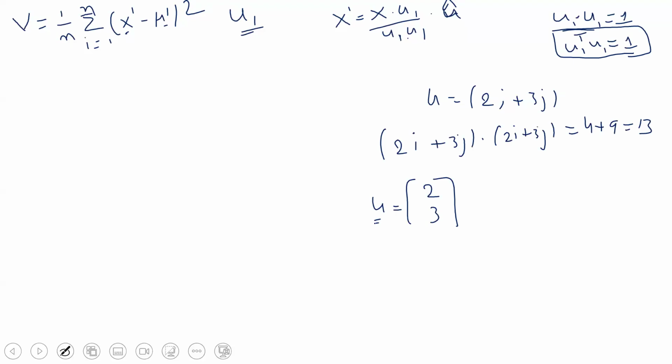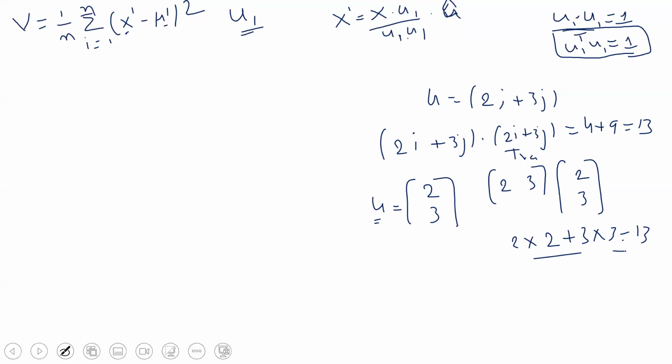Now I have to take u transpose into u. u transpose is 2 comma 3 and u is 2, 3. This is the transpose, this is the vector. Now let's multiply this: 2 into 2 plus 3 into 3, which is 13, right? So here you have done u dot u, which gave 13, and u transpose into u also gives 13. So this u dot u can be represented in matrix form as u1 transpose into u1. So this is the constraint.